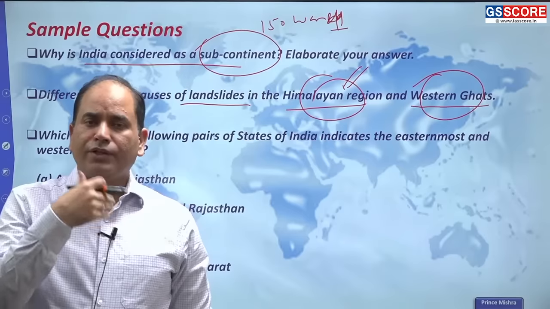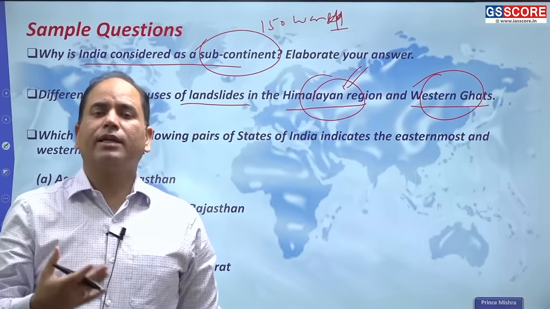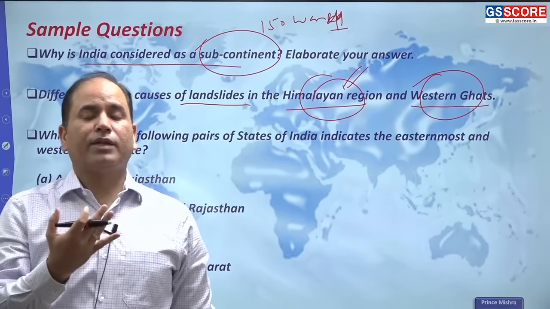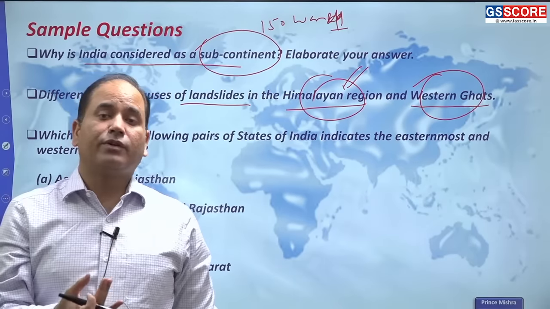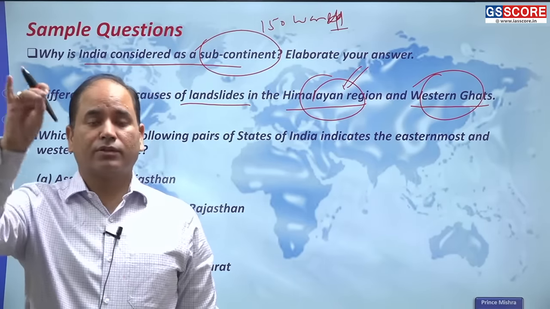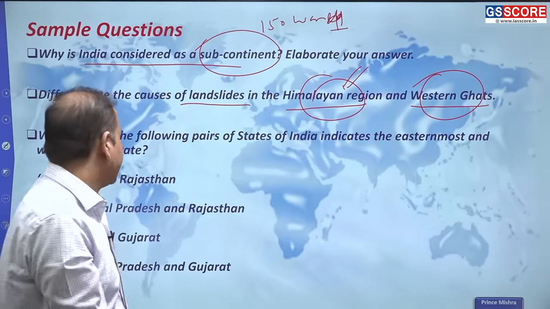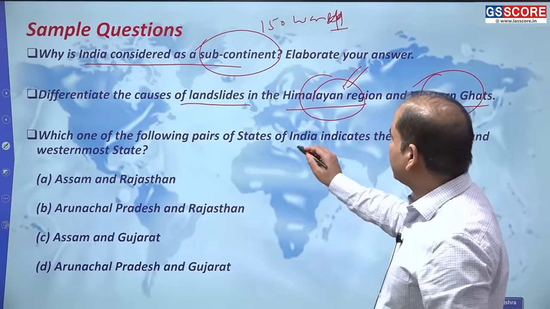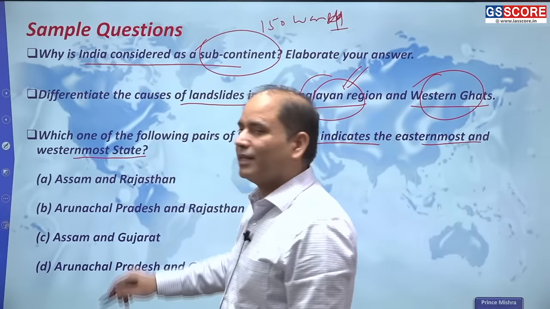So physiographic knowledge definitely gives you an overview of the whole of India, and based on that you can answer questions related not only to physiography but also to drainage, climate, soil and vegetation. One more question: which one of the following pairs of states of India indicates the easternmost and the westernmost state?